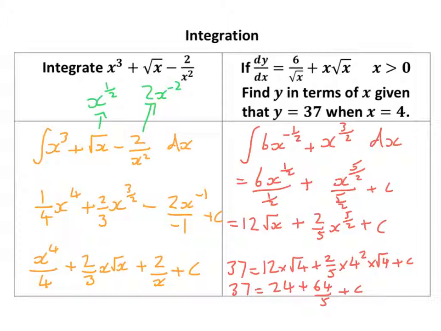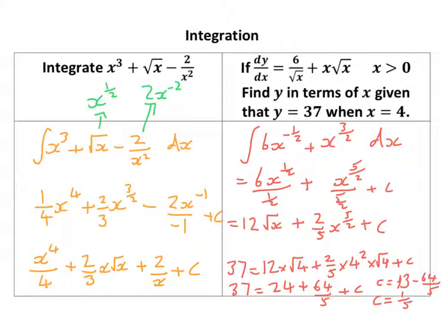Here we go. So I've got c equals whatever that is, 13 minus 64 over 5. Now I happen to know that that is 1/5.